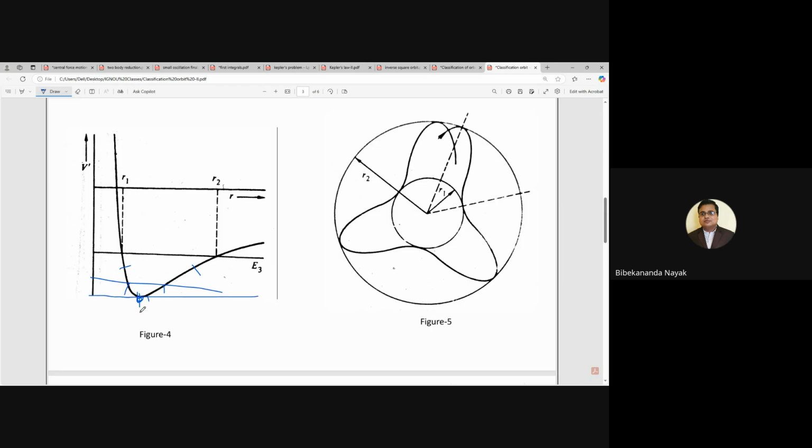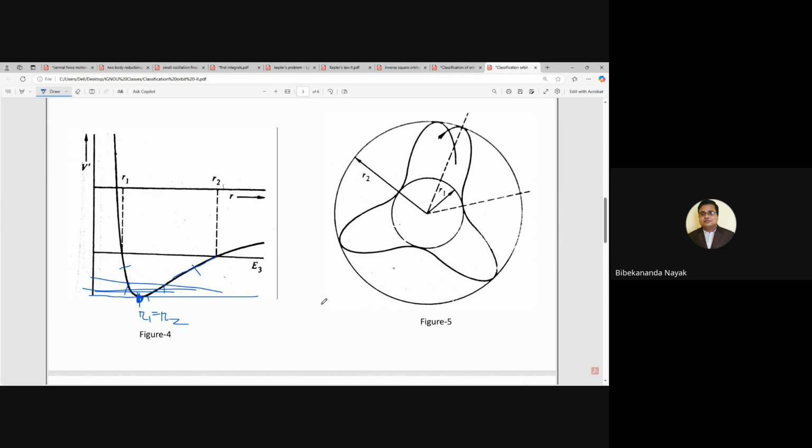R1, R2, what is the relation between them? For this point, what is the relation between R1 and R2? R1 equals R2. Sorry, R2 greater than R1. R2 is decreasing for each line, R1 increasing. Finally, you get one point where R1 is equal to R2 with a minimum potential.